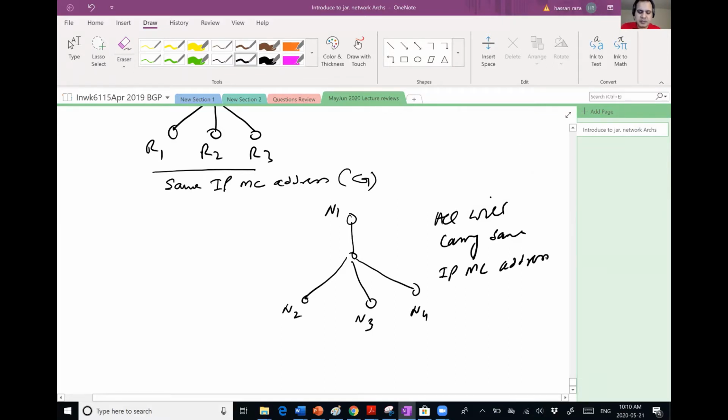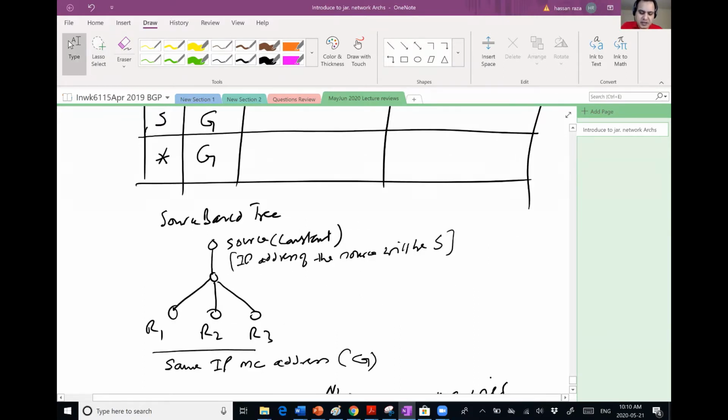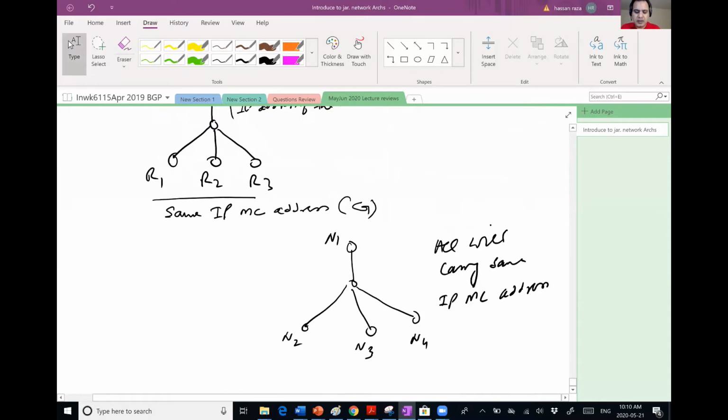I will call this tree a source-based tree, and I will call this tree a group-based tree.